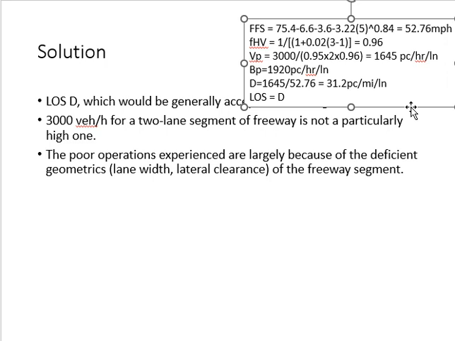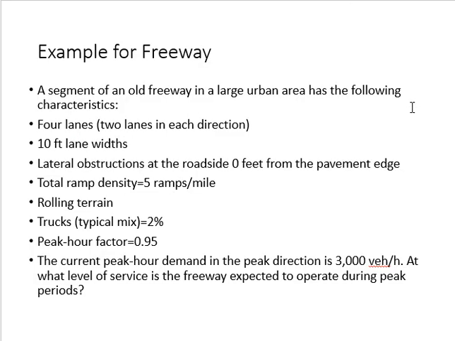So this could be because of the geometry of the road. If I go to the data, look at the lane width. How much is the lane width? 10 feet. This is the minimum. Less than 10 feet is not acceptable. It is not enough even for a normal car to move, let alone the trucks and so on. So 10 feet is the absolute minimum.